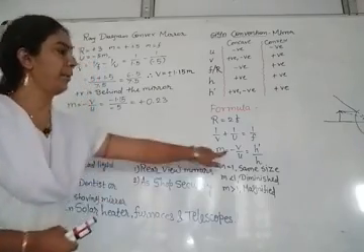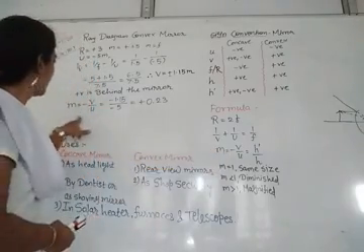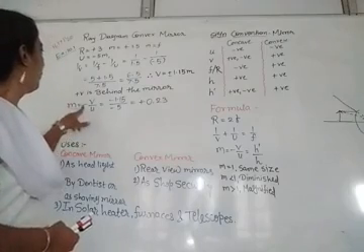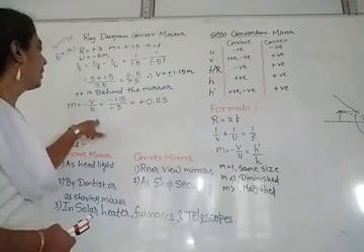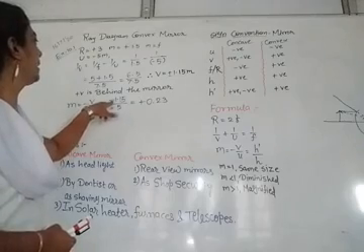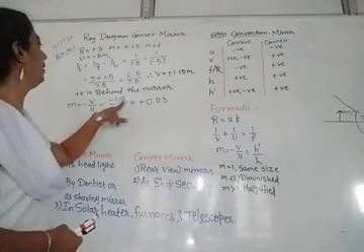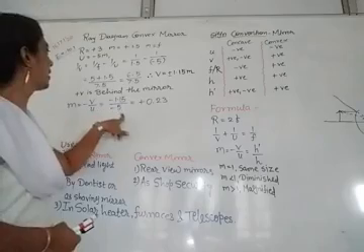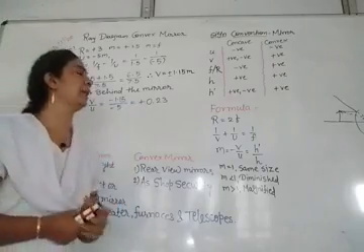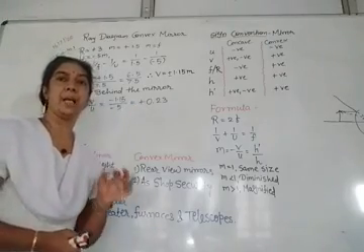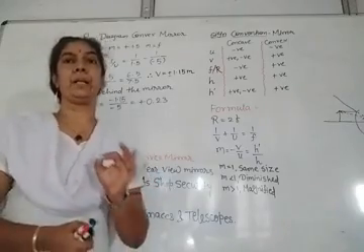So in this formula, we will substitute v by u. So we have minus of minus 1.15 divided by minus 5, and that's why we get the answer as plus 0.23.